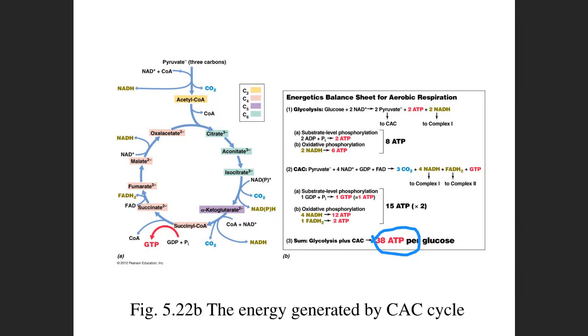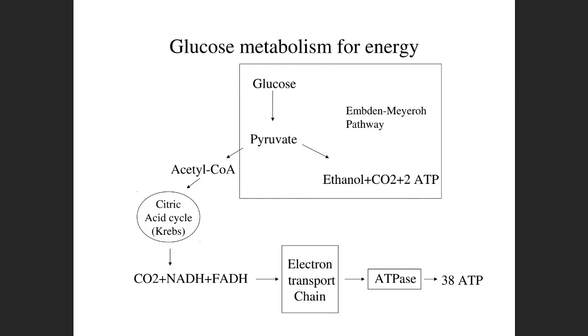I don't need you to memorize the intermediates, but you do need to understand how each of these energy molecules is generated. So I would ask you to get a piece of blank paper and be able to write this table out and do the calculation. That will help you understand where each of the energy comes from.